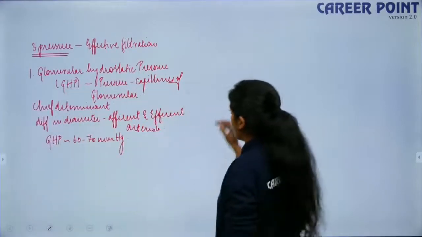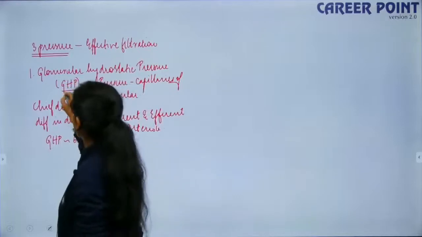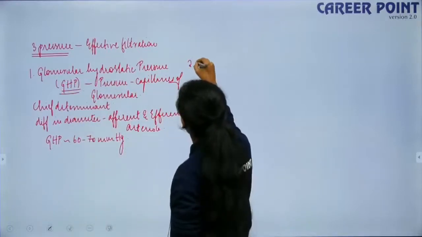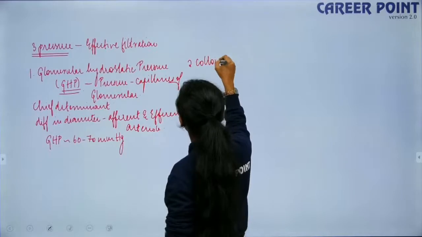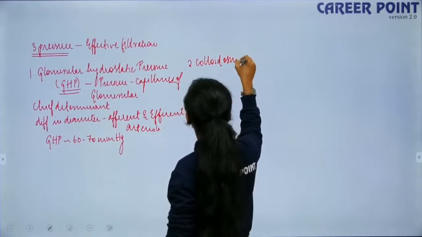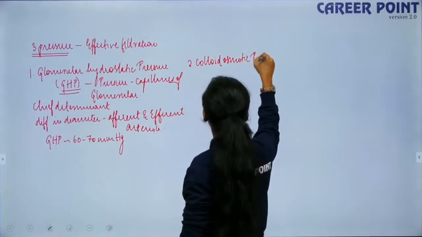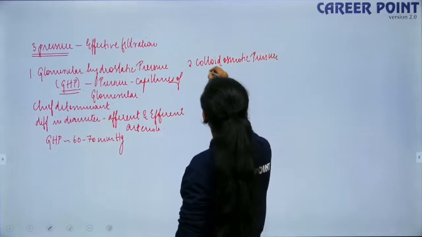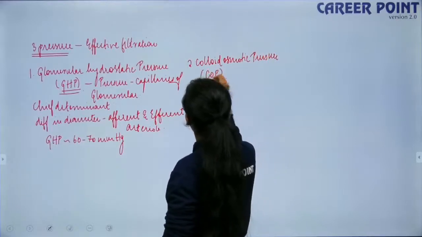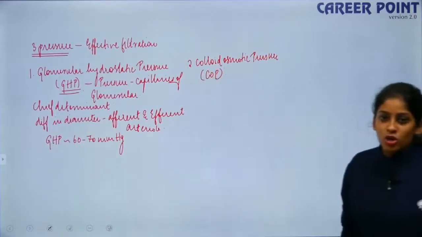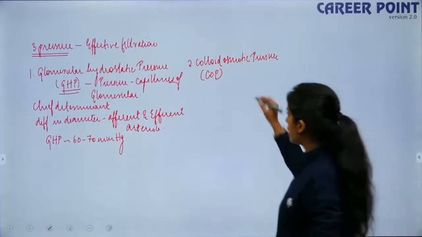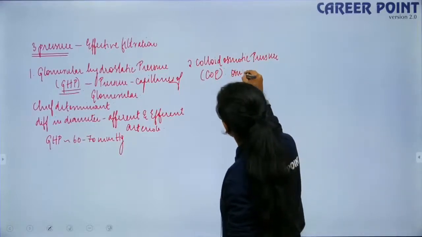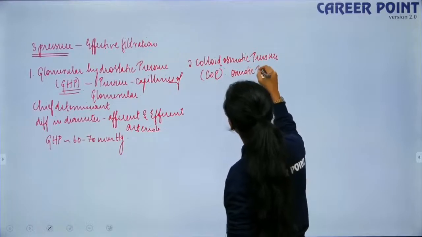Fine. So, the second type of pressure is your colloidal osmotic pressure, known as COP. Colloidal osmotic pressure is the osmotic pressure created in the blood.